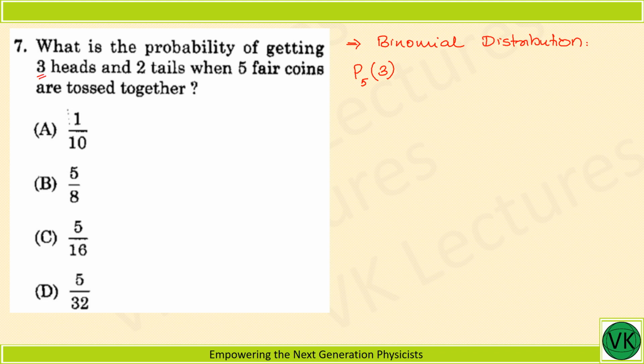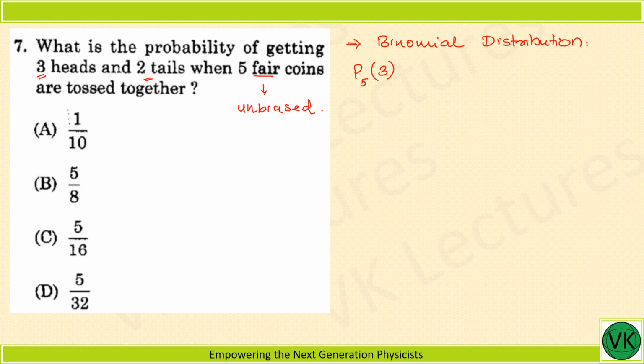When we need 3 heads, 2 will be tails, because the coins are fair coins, or it can also be written as unbiased coins.